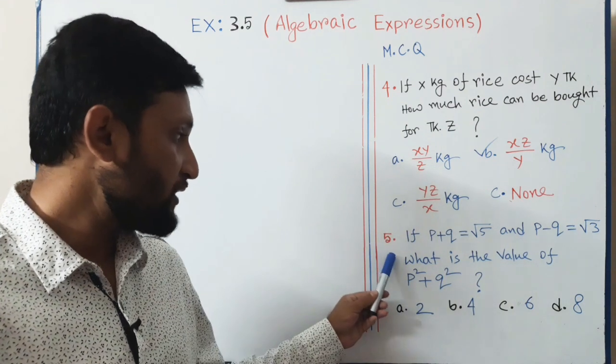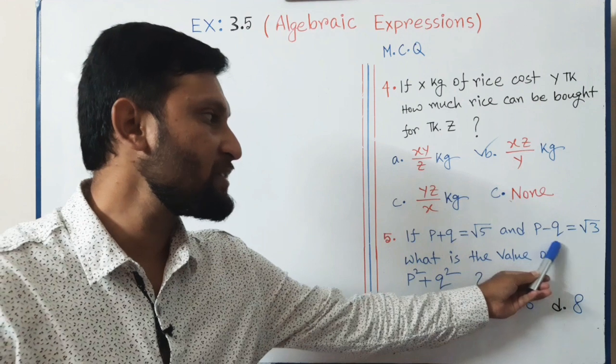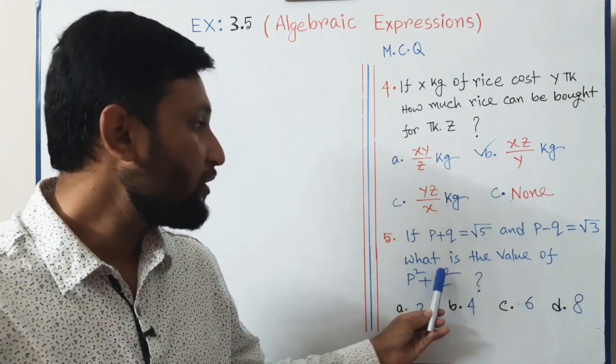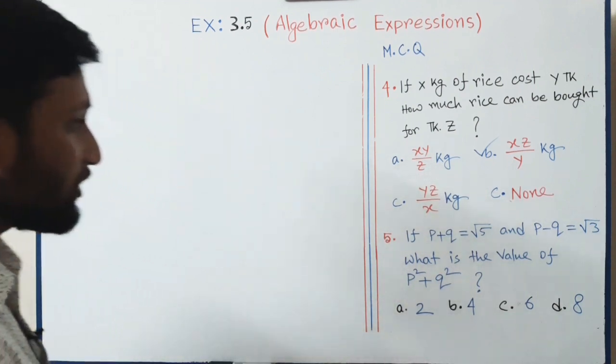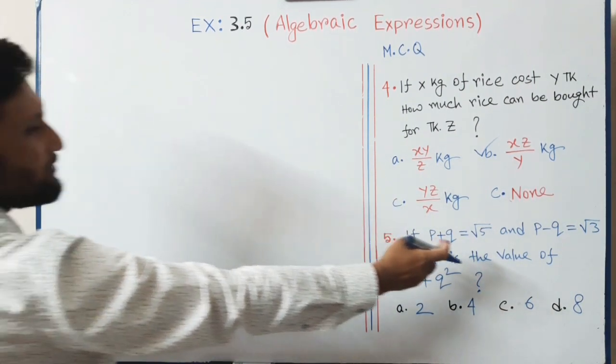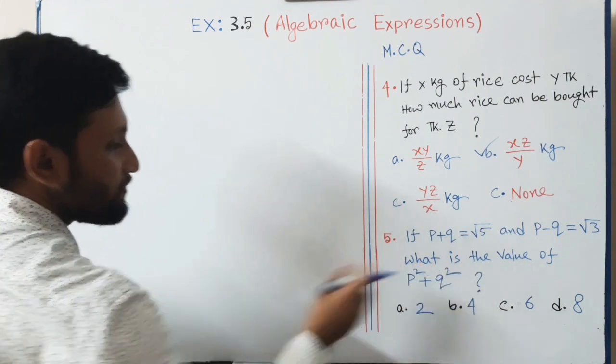Now next question. If p plus q equals root 5 and p minus q equals root 3, then what is the value of p square plus q square? We have to identify the value of p square plus q square.